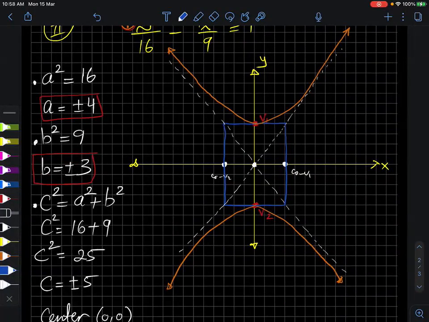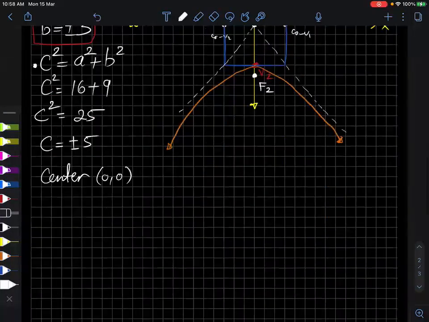Here is the first focus, F1, and the second focus, 0 and -5. So in the hyperbola, you will find that the foci are outside the rectangle, not inside.